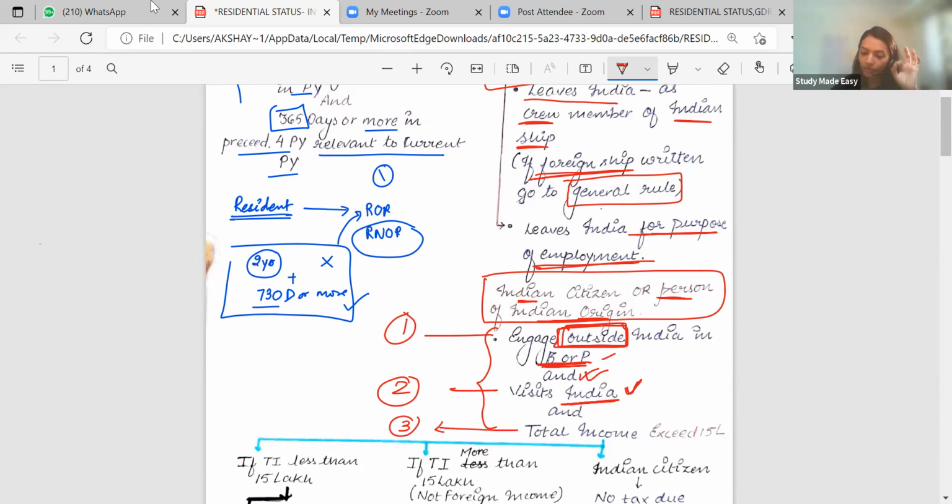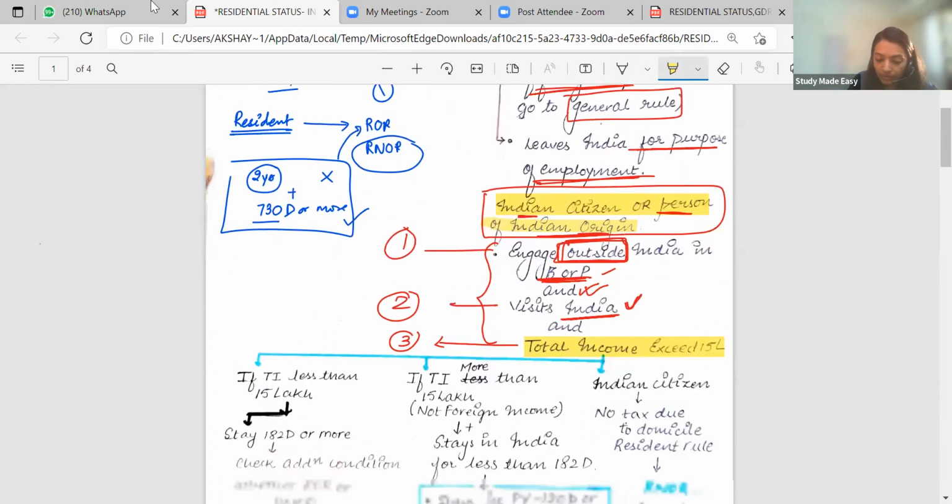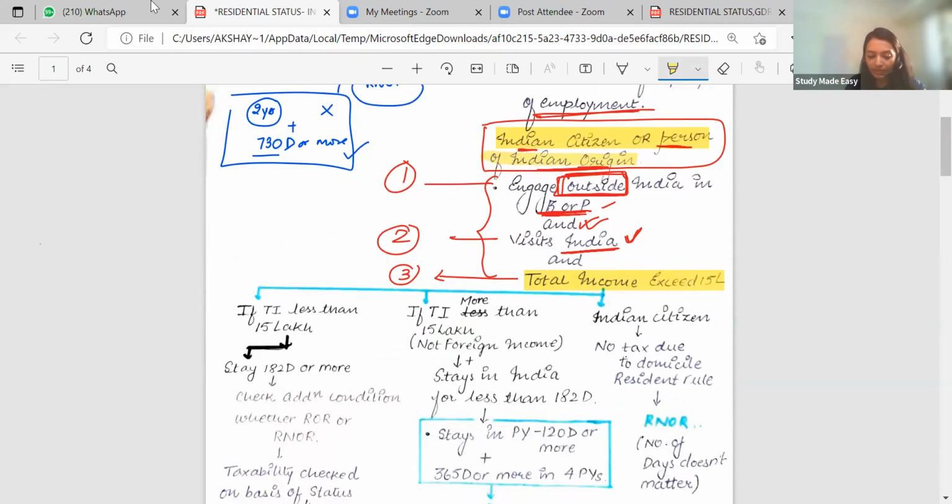Why am I focusing on this? If you are an Indian citizen or person of Indian origin, and in India you are earning more than 15 lakh, we want taxes. So these first cases are nothing but the analysis.